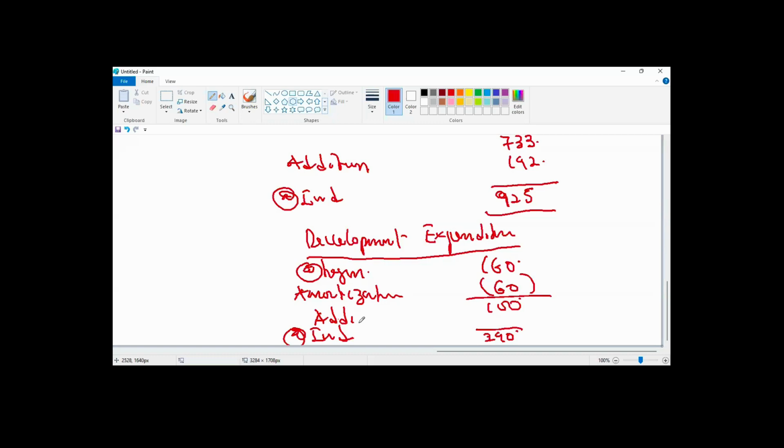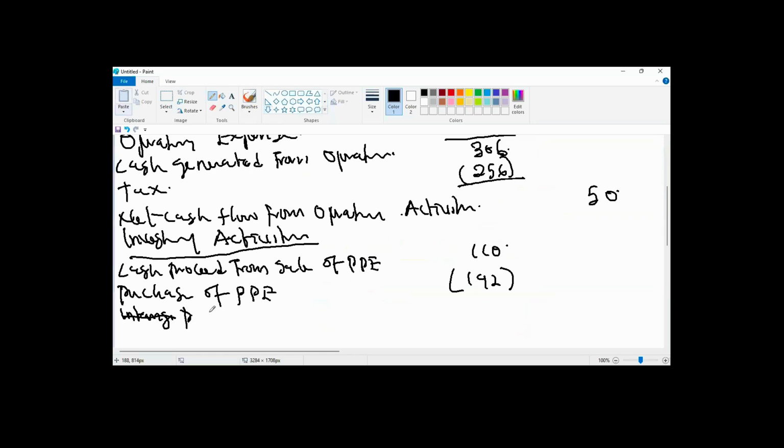Addition 190. That's all. Purchase. Minus 272.